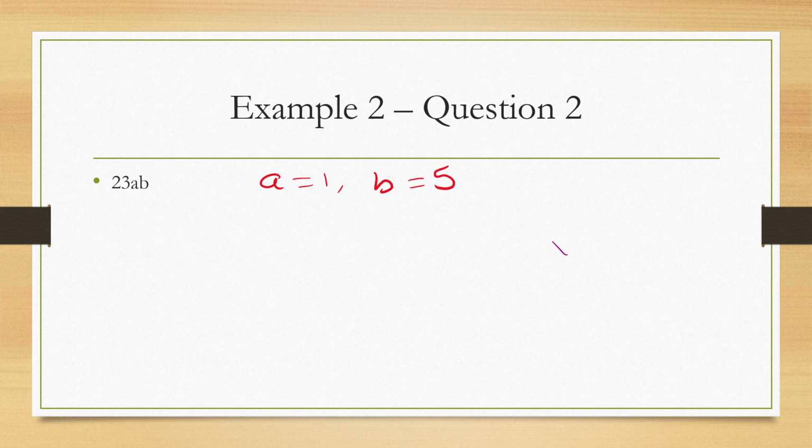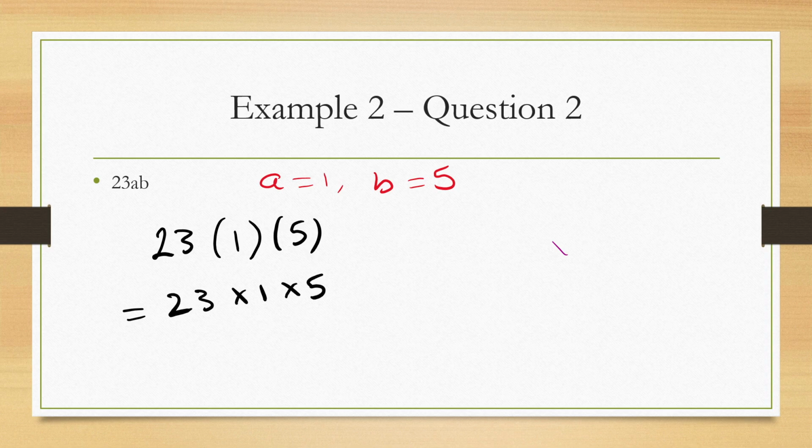For this one, we're going to do 23 and then bracket 1, bracket 5. The 23ab is the same as saying 23 multiplied by a multiplied by b, which is the same as saying 23 bracket a bracket b.